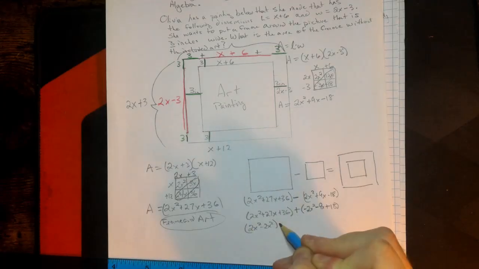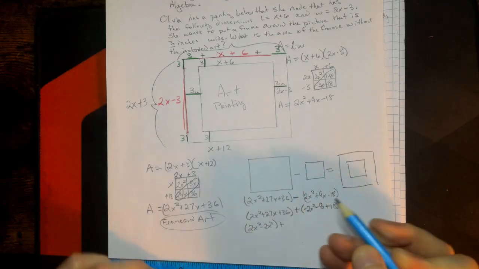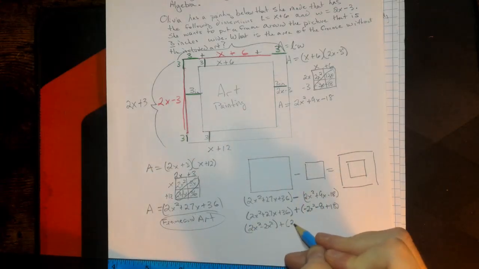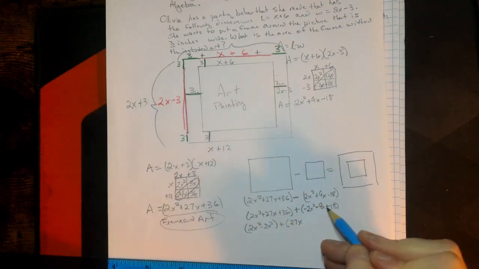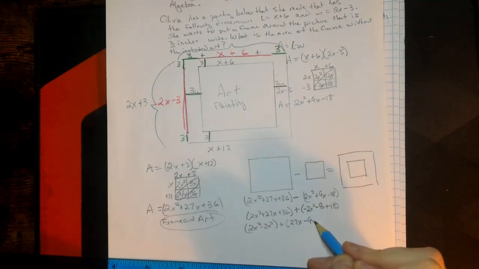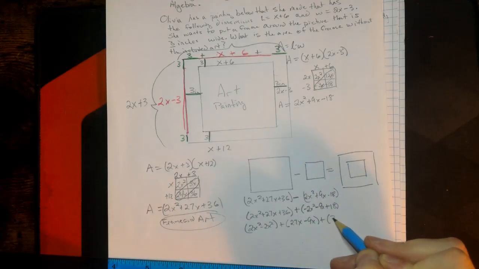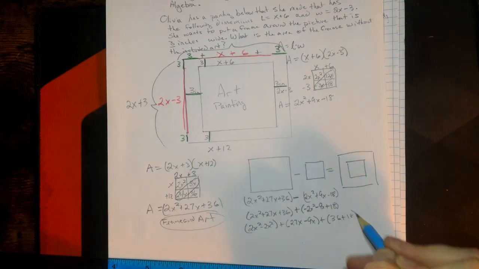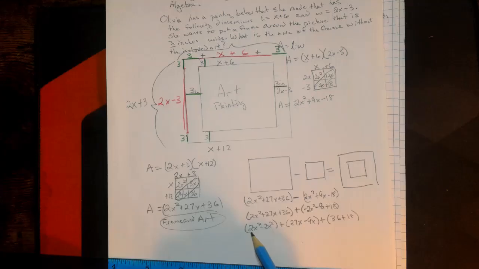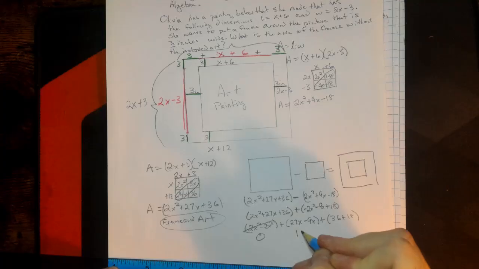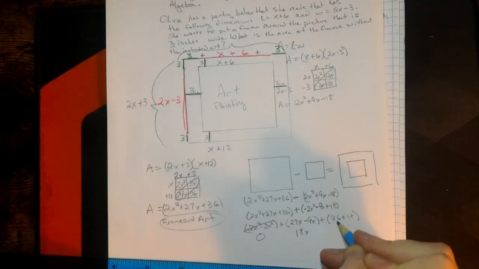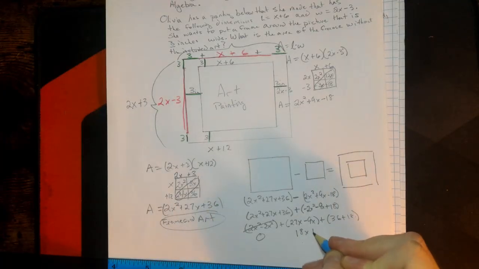I have 27x right here, and then minus 9x. And then I have plus 36 plus 18, right? Now these two are a zero pair, so they just cancel out. They equal 0. These two, 27 minus 9 is 18x. And over here, 36 plus 18 is 54.